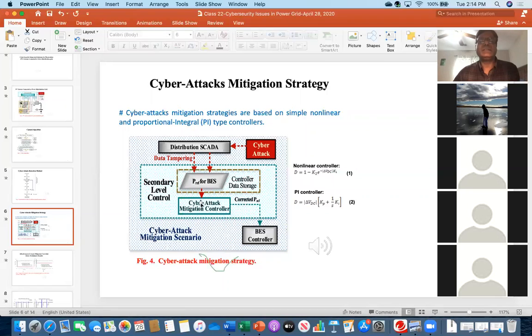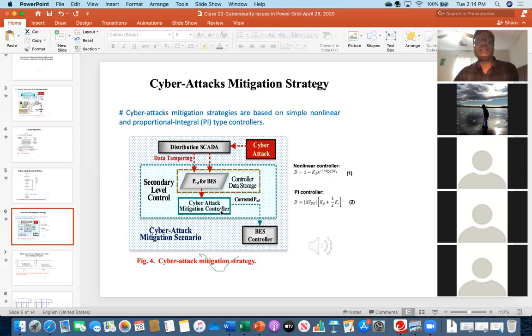So your cyber attack mitigation controller corrects that P reference. This P reference got hampered, it got attacked. But in between, before the actual BES controller, I put the cyber attack mitigation controller.